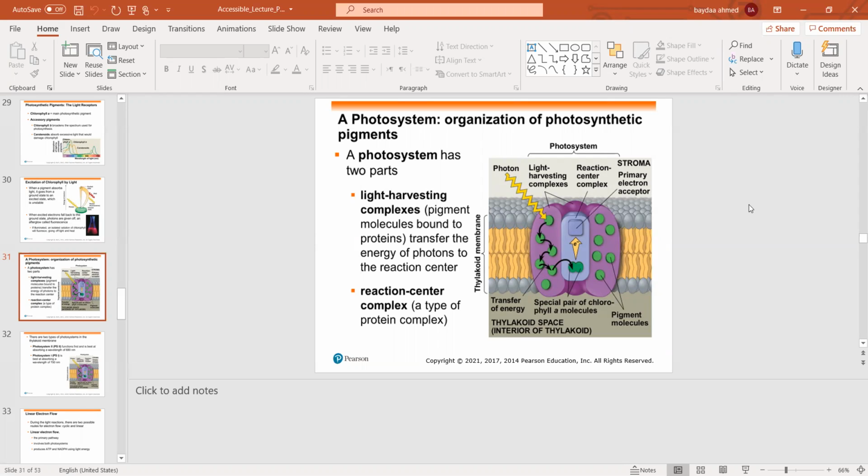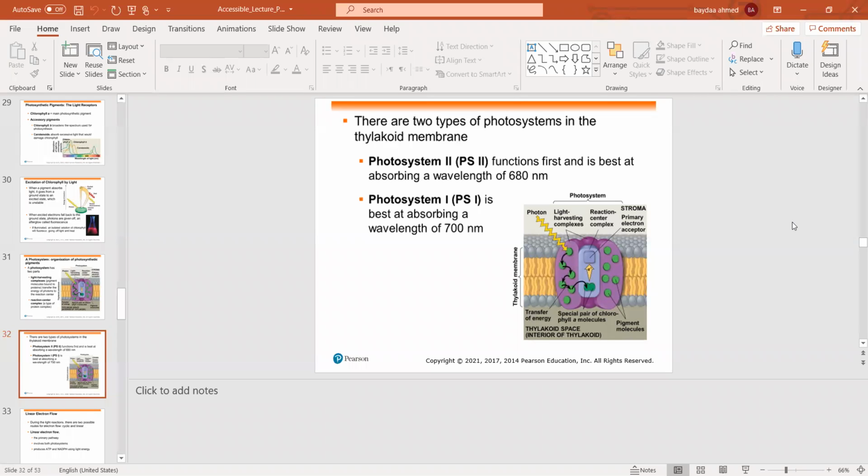It converts light energy to chemical energy, which will ultimately be used for the synthesis of sugar. The thylakoid membrane is populated by two types of photosystems that cooperate in the light reactions of photosynthesis: photosystem 1 and photosystem 2.